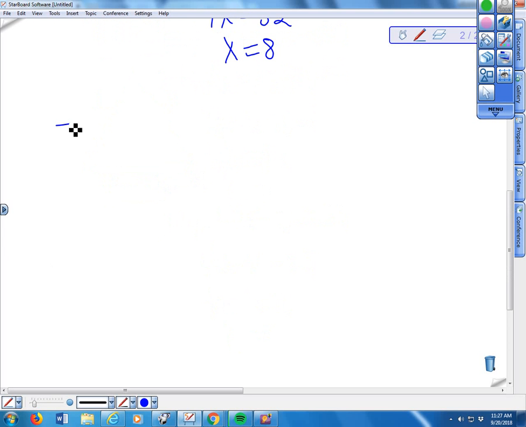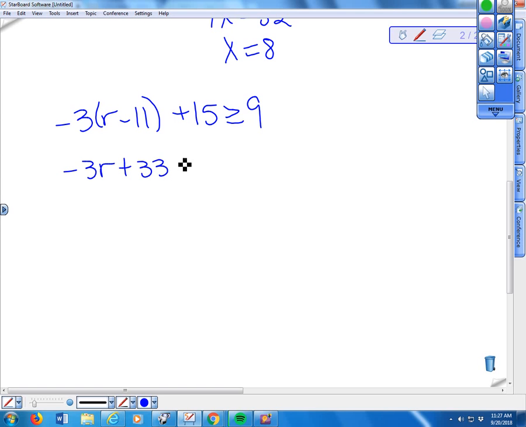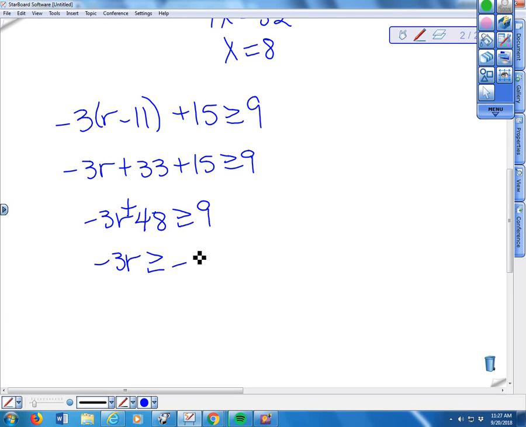Solve each inequality. Then distribute the 3. I'm going to add those two together, which is 48. Negative 3r is greater than or equal to negative 39. And when I divide by negative, I've got to flip the sign.